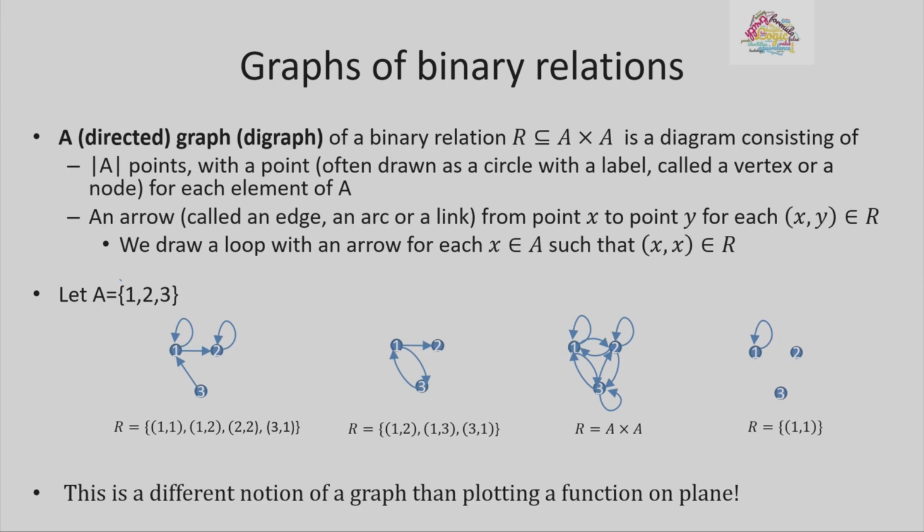So if this gets confusing, just think about the graph here as being a completely different beast from the graphs that you saw before, the graph of square function or a log function. And the kinds of graphs that we are drawing here, you're going to see a lot, especially when you are doing algorithms and data structures, because surprisingly, a huge number of computer science problems can be represented as graphs.